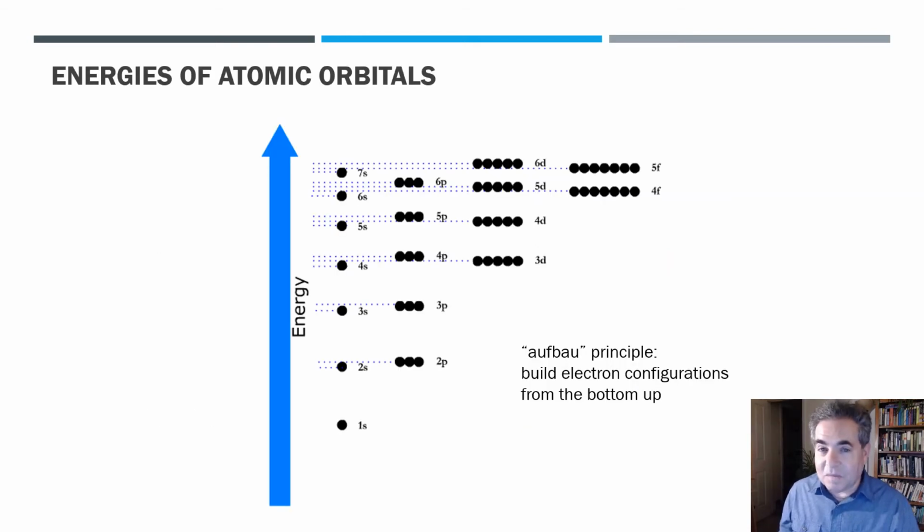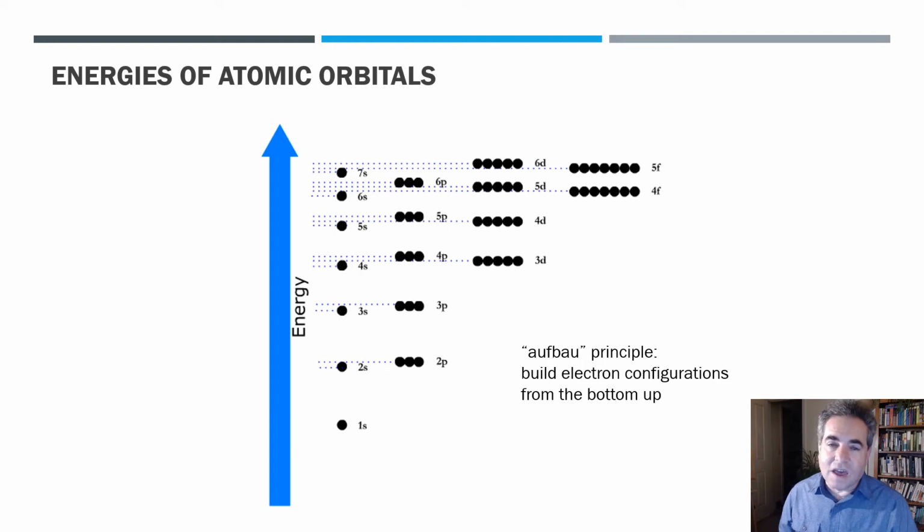Okay, so it seems pretty basic. We can decide what order the energies for a set of subshells should go in by looking at n and L. The bigger n, the higher the energy. The bigger L, the higher the energy. But sometimes those two things fight each other.